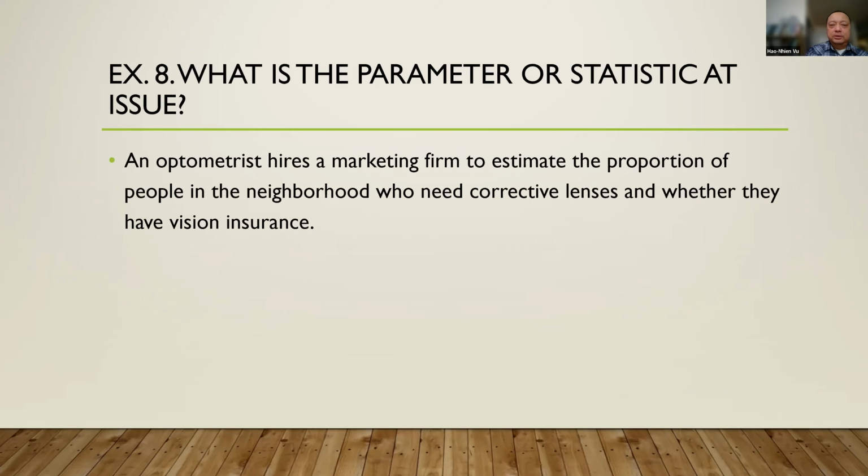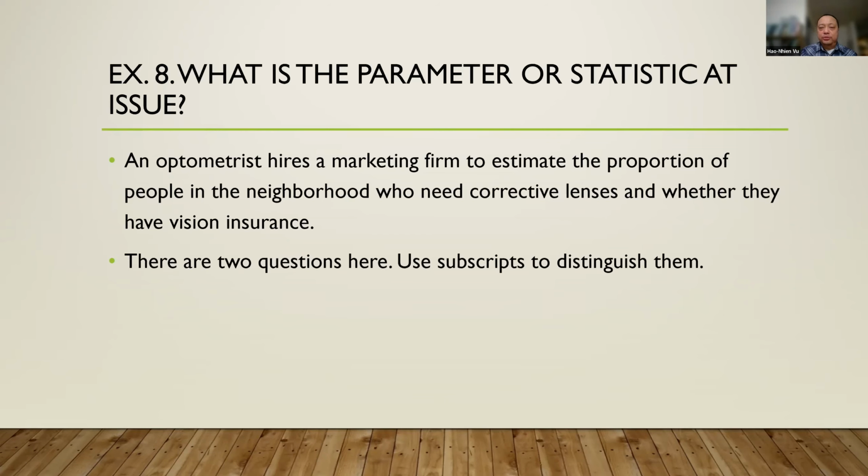Next example. An optometrist hires a marketing firm to estimate the proportion of people in the neighborhood who need corrective lenses and whether they have vision insurance. This is also a little tricky. There are two questions here, so use subscripts to distinguish them. So go ahead.